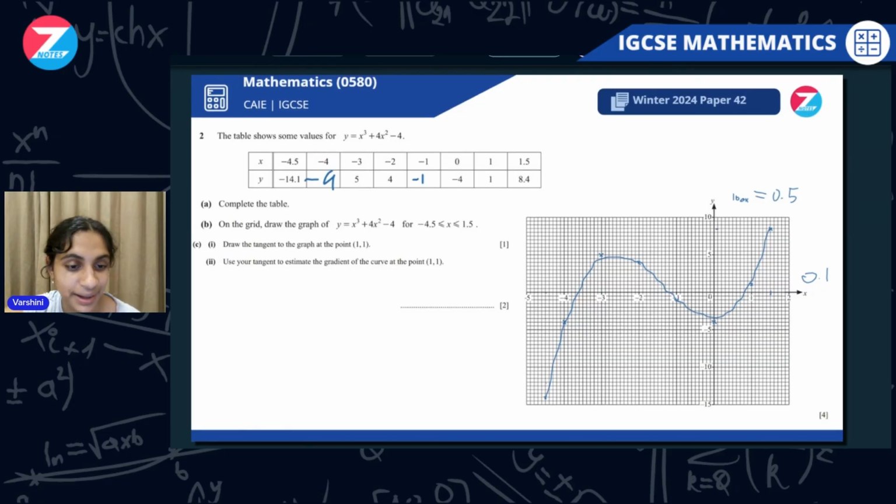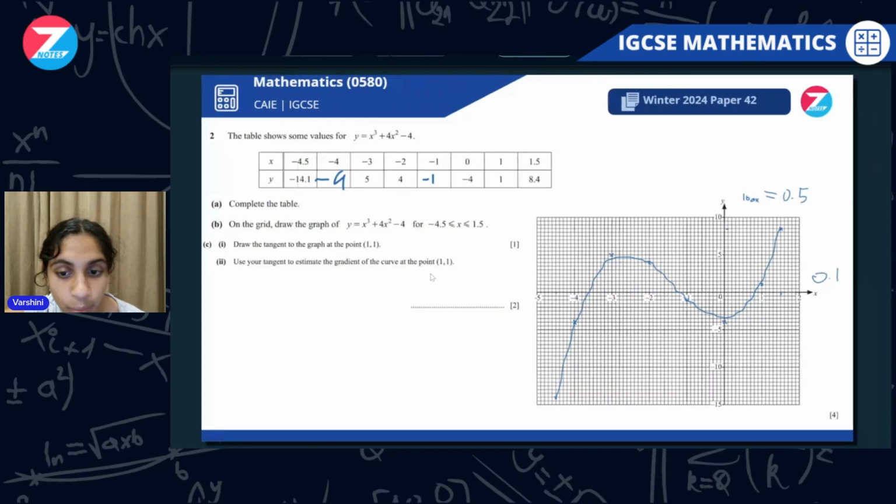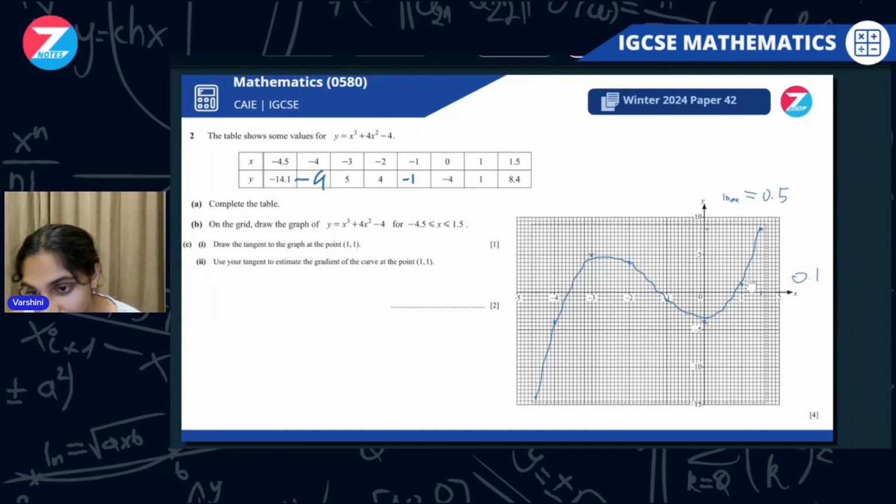Okay, the next part. Draw the tangent to the graph at the point 1, comma 1. Okay, so we know the tangent is a straight line and we need this to estimate the gradient. So it's along 1, comma 1. We need to take the two values beside 1, comma 1 and draw the line through those two values.